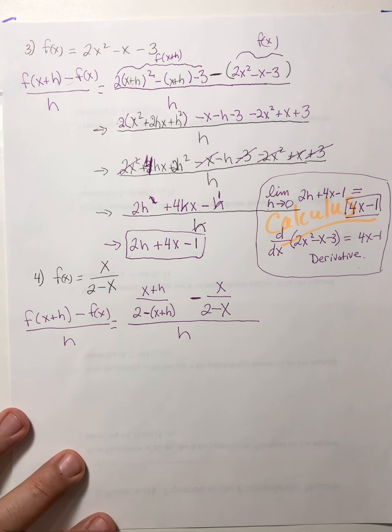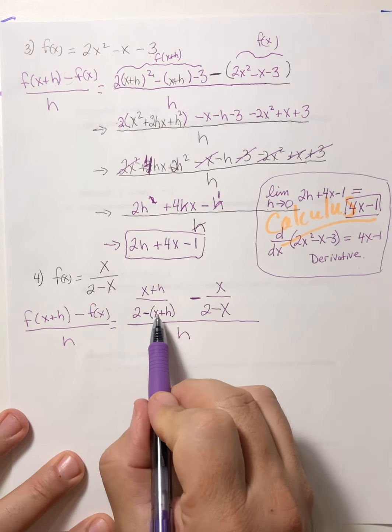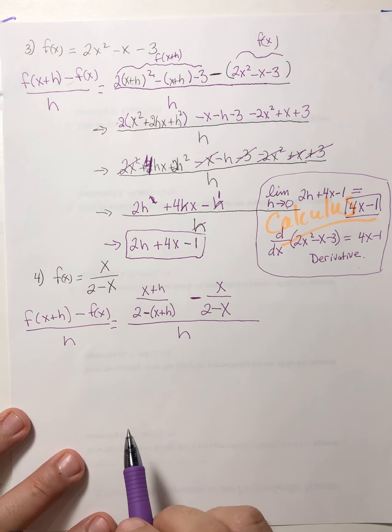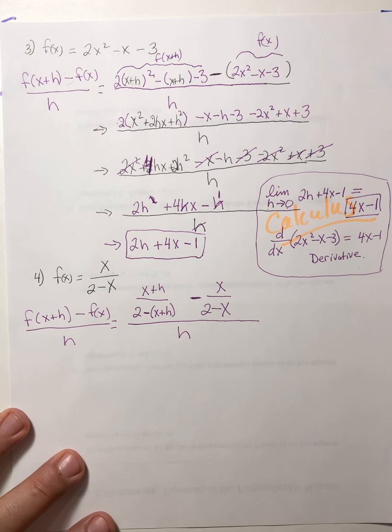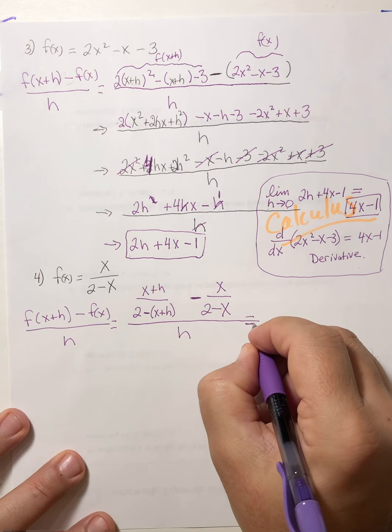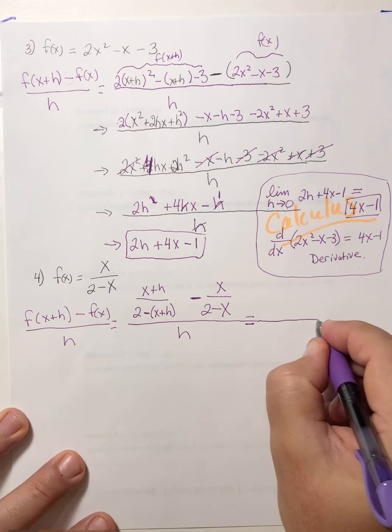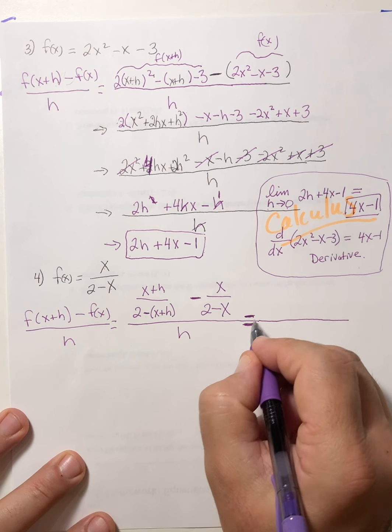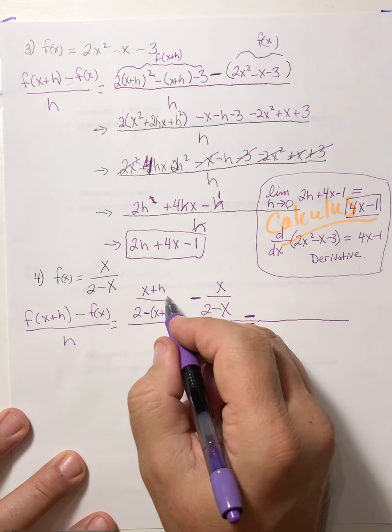All right. Yes, I know this is a mess. Okay. You're fine. You can deal with it. You're in pre-calc. So I'm going to rewrite this. I'm going to clean that up.